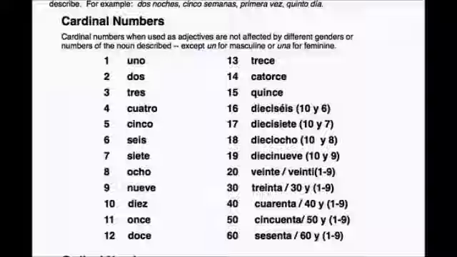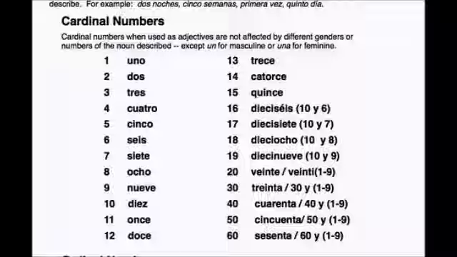Let's start with 14: catorce, doce, diez, ocho, seis, cuatro, dos. Muy bien, correcto. And 0 in Spanish is cero, spelled with a C. It's not in here, but it's cero. Okay? Muy bien.